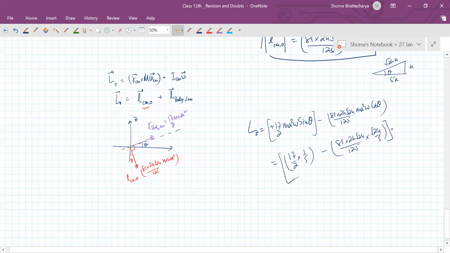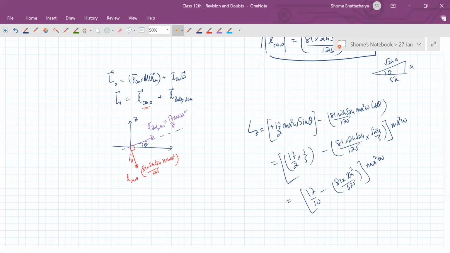You get this huge kind of number times ma square omega. So this will become 17 by 10 minus 81 into 24 square divided by 125 into 5, so that is 625, this kind of term into ma square omega. Definitely this is not that 55 ma square term.